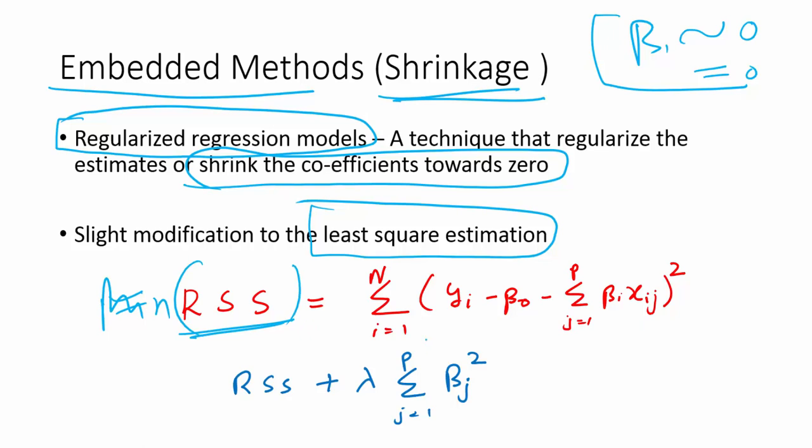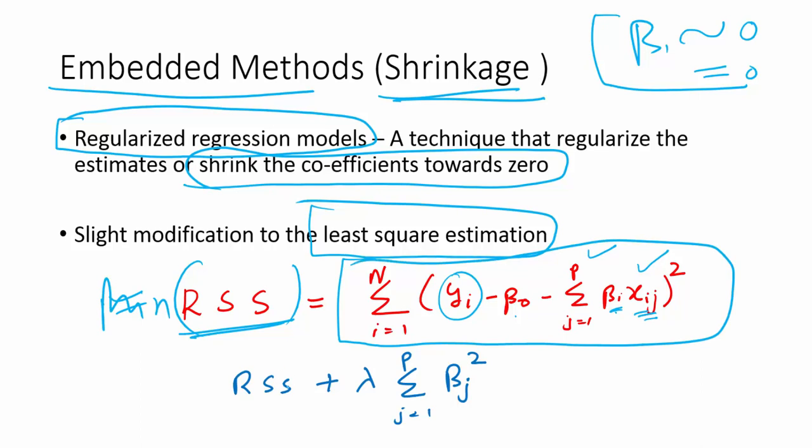And how do you compute the residual sum of squares? It is the summation from i equal to 1 to n of (yi, which is the target, minus beta naught minus the summation of j equal to 1 to p, where p is the number of predictors, of beta j xij) squared. So this is the set of features or set of predictors. Beta naught and beta j are the estimates, right? And this is how you compute your RSS.